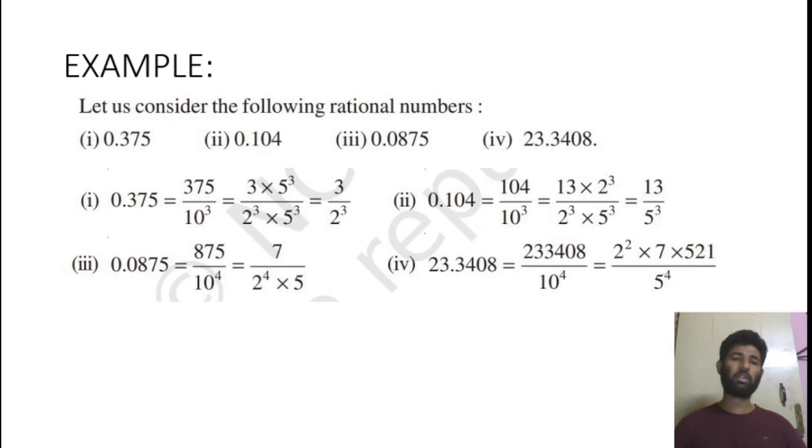As you can see, none of the options continue after some time. Let us see the first option, 0.375, and after that no continuation is there. Let us see option 3, 0.80875. After that no continuation is there.